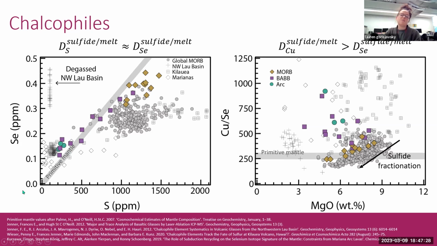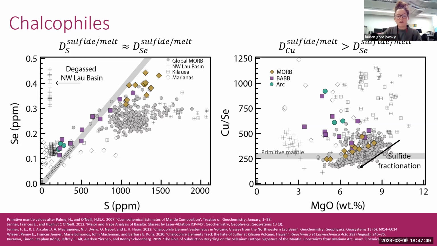The same thing can be said about selenium. The highest selenium is found in the mid-ocean ridge-like magmas, and then it decreases all the way to arc. So this suggests that sulfur and selenium are behaving in the same way, because they are both increasing and then decreasing in the same manner.